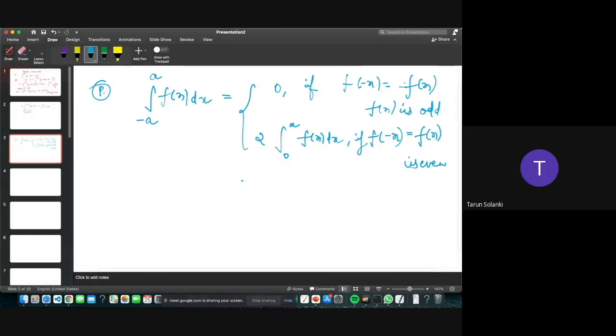These are the two conditions which follow for odd and even functions.